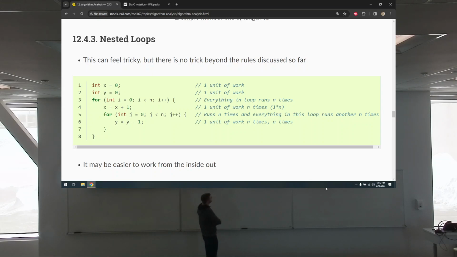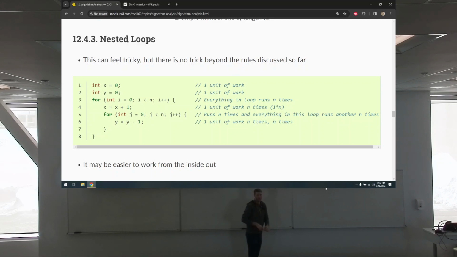Because think about it this way. Ignore the outside. Only look at the loop with the j in it. So when you look at line 6, ignore everything else except lines 5, 6, and 7 right now. How many times will line 6 run? n. Once for each j from 0 to n minus 1.